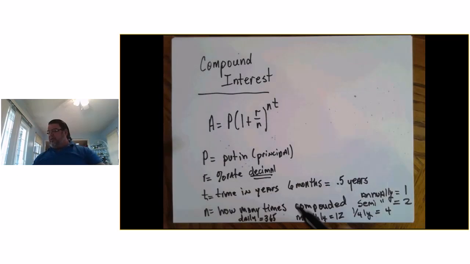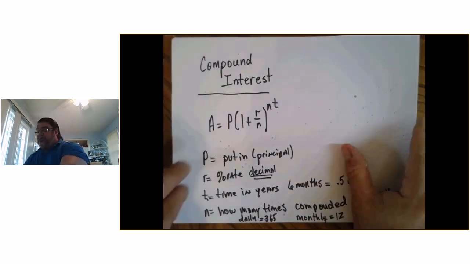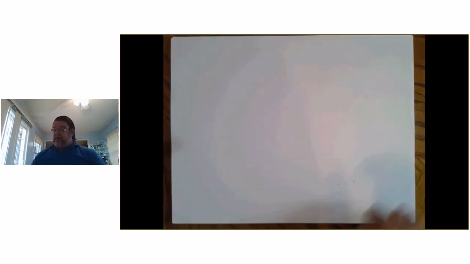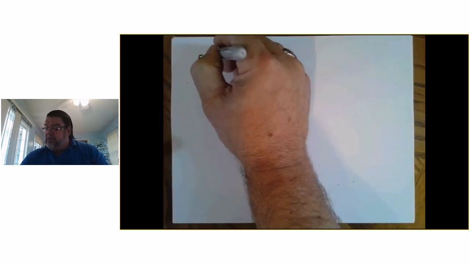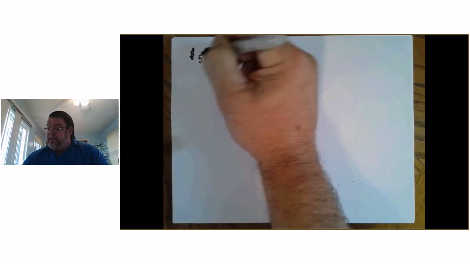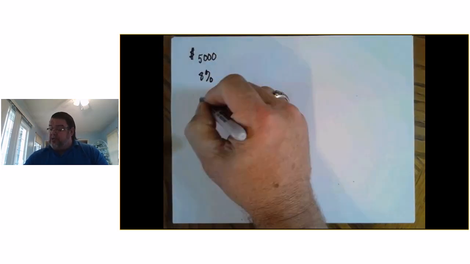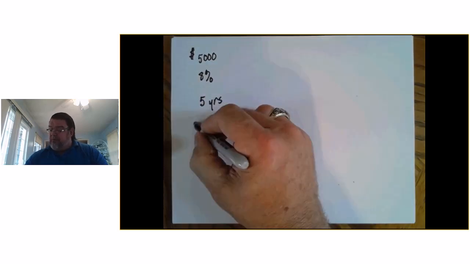Now I'm going to give you an example, and we're going to do it on the calculator. I'm not going to do all those questions because some of them are like 8 parts, and all they're trying to get you to do is learn how to use a calculator. So you put in $5,000 at 8% interest for 5 years, and it's compounded monthly.